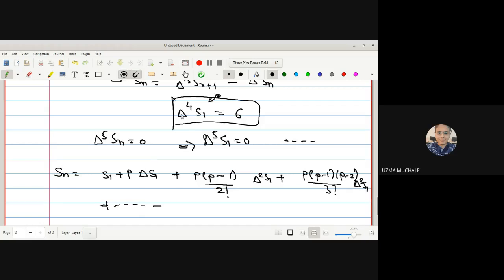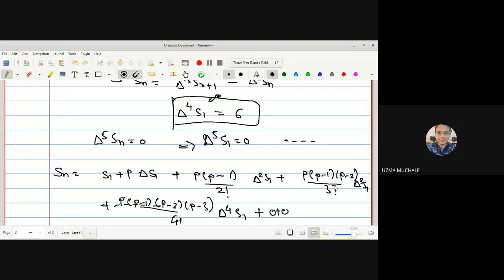Now we can write up to 4, no? The fourth one will be P into P minus 1, P minus 2, P minus 3 divided by 4 factorial into delta raised to 4 S1, because from the fifth onwards it will be 0. Put all those values and you can get the answer.